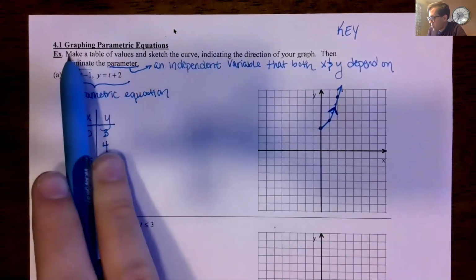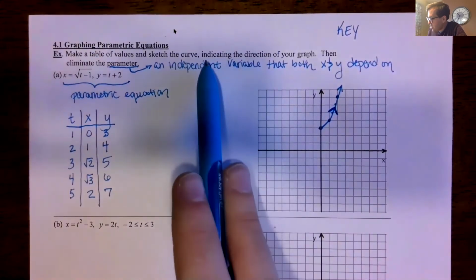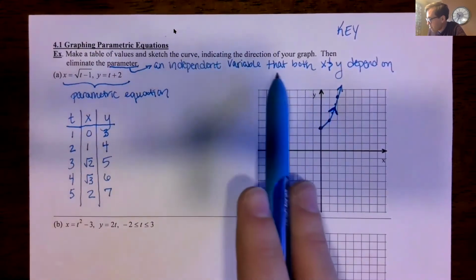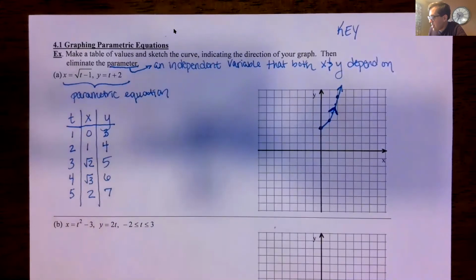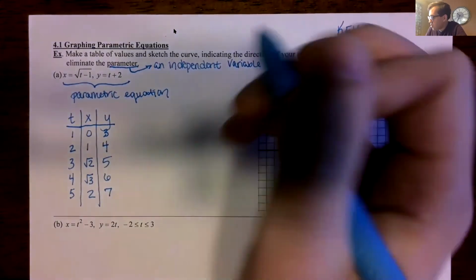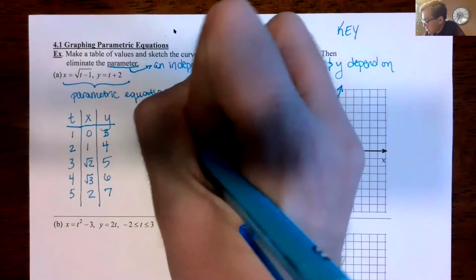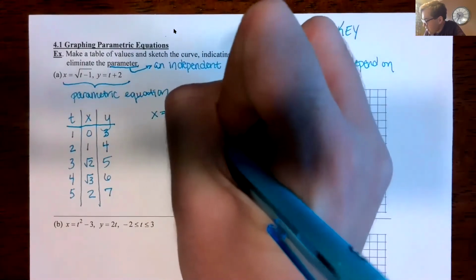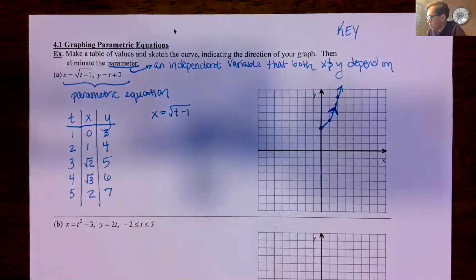So the directions also said, okay, we indicated the direction on the graph, and then we have to eliminate the parameter. So we're going to see what we get for an equation that's something that we normally see with just x's and y's. So we're going to start with the x equation. And we're going to use what you are familiar with from your algebra skills, a substitution method to get rid of the t.